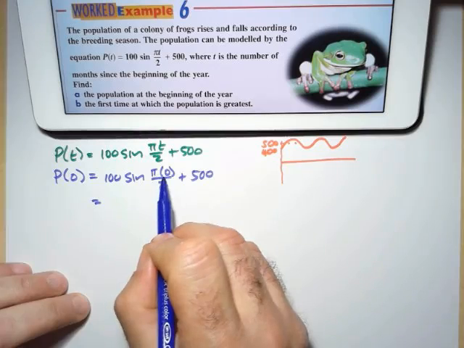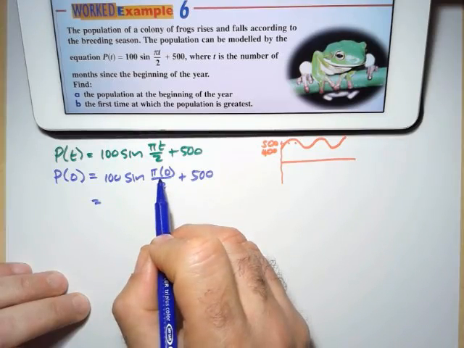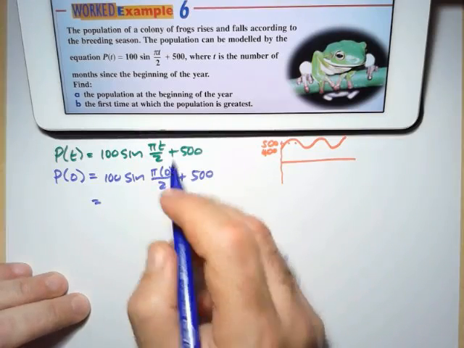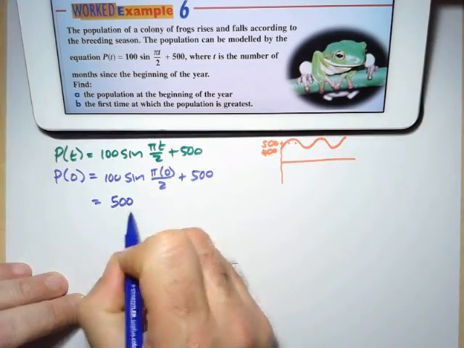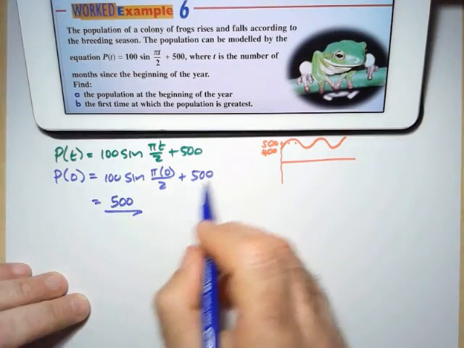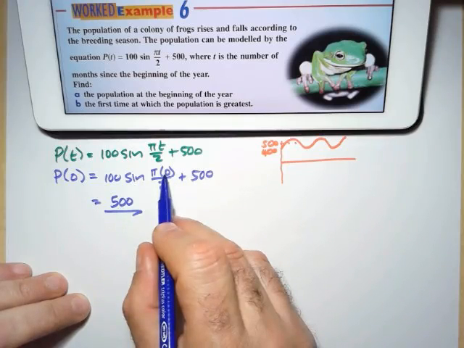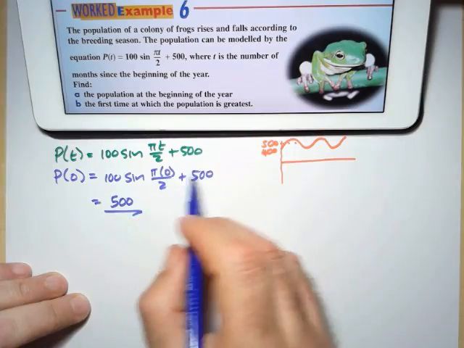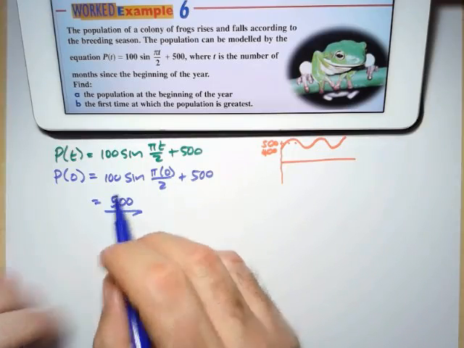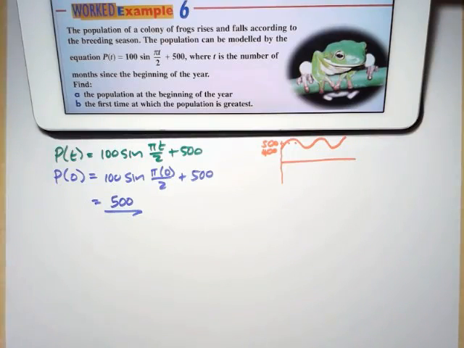The sine of 0 is 0, times 100 is 0, plus 500 is 500. Don't take this for granted, because if this were cos, the cos of 0 is 1, so it would have been 100 plus 500. So be very careful when you calculate at the beginning.